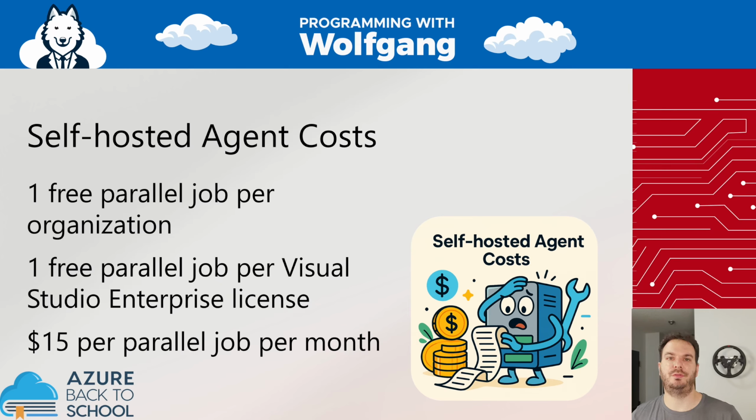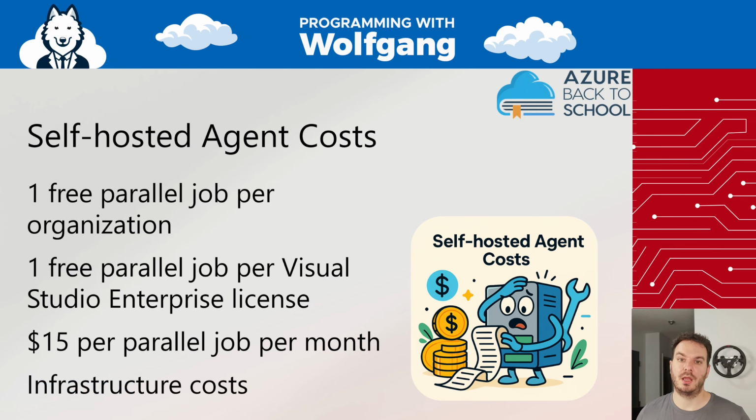And here we pay $15 per parallel job per month. But as I mentioned before, we also have to pay for the infrastructure. So in the end, that's probably the more expensive solution, but it might be the more secure and more efficient solution. And so you have to weigh what's more important for you and what kind of project you're using with it.